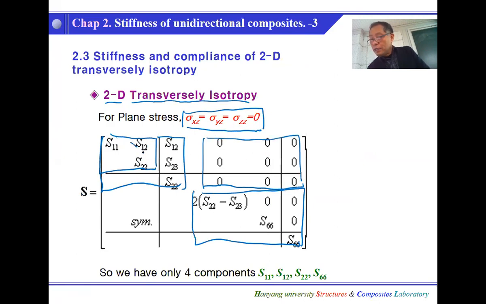And of course, these 3 are normal coupling terms, and these 3 are shear coupling terms. Now, in the 2D case, we only consider these terms and these terms. So we will mainly work on two-dimensional transversely isotropic.